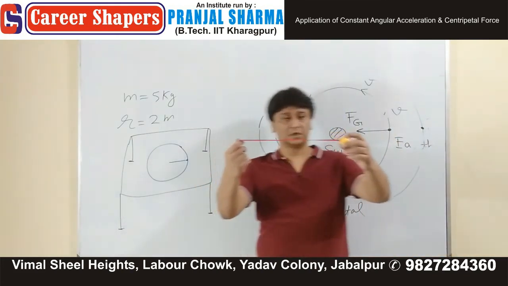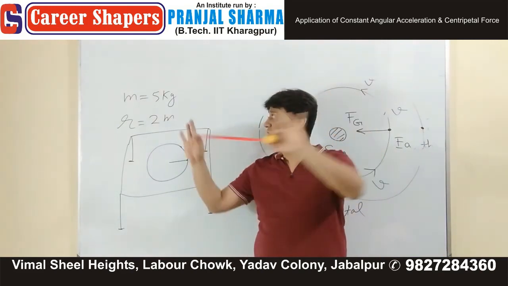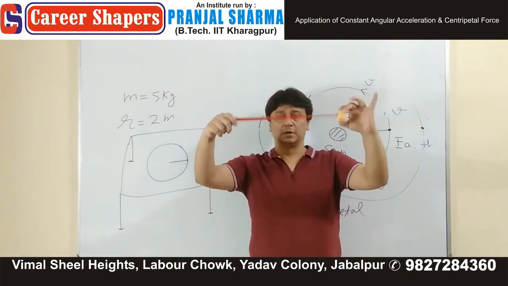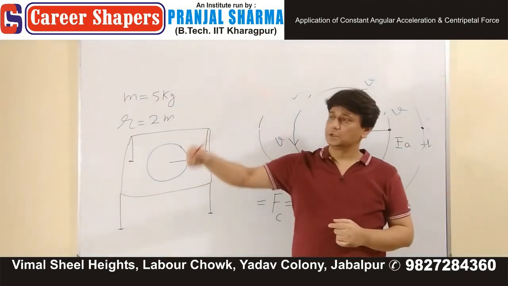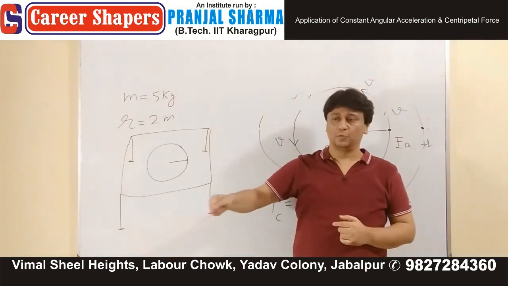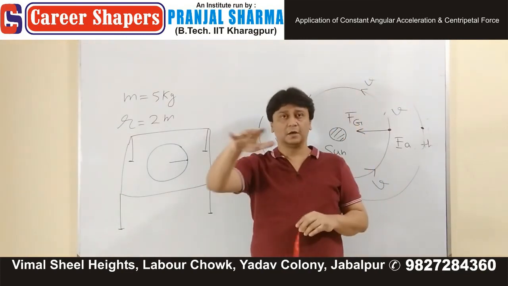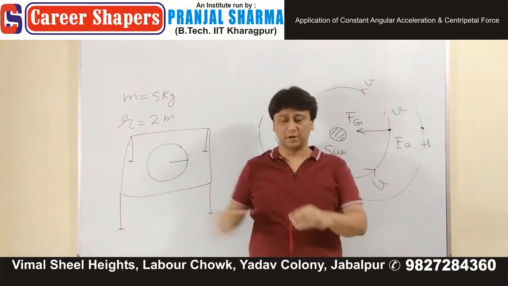This is the object of 5 kg, length of the rope is 2 meters, and this is not circular motion in a vertical plane. We assume that we have a horizontal frictionless table over here.